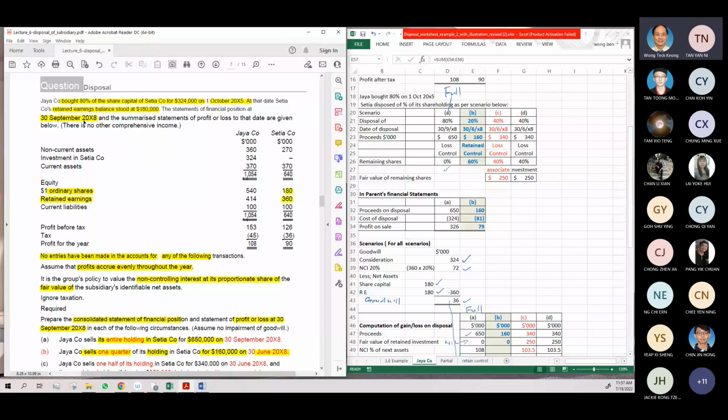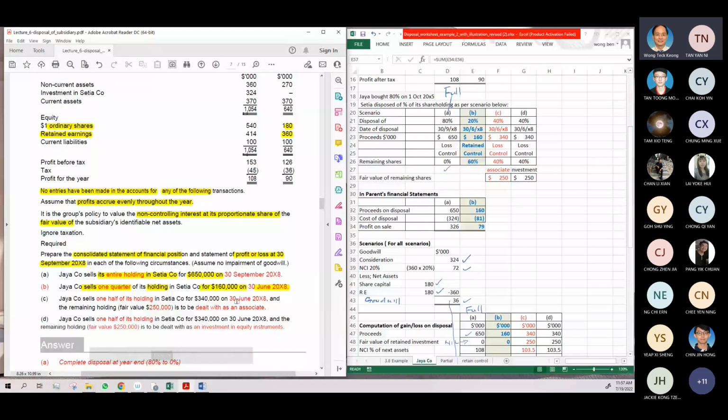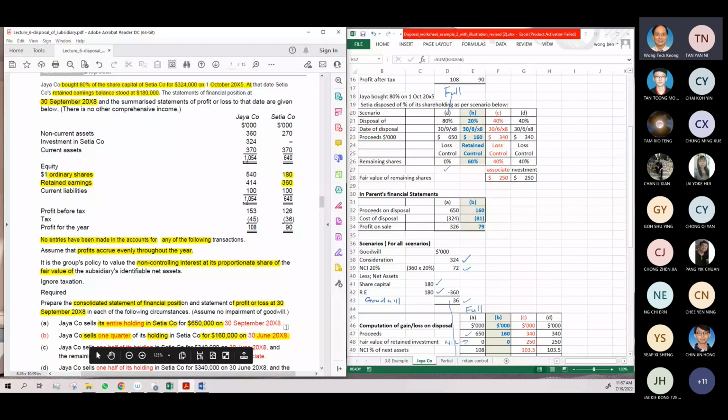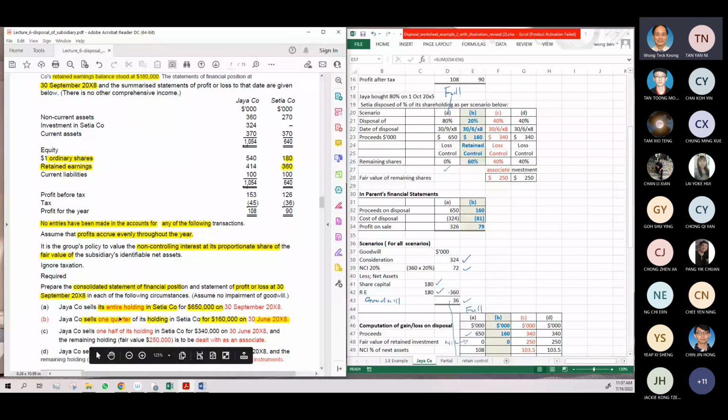In other words, for the first 9 months, you are the 80% subsidiary. For the balance of 3 months, July, August, September, you only have a 60% subsidiary. He's selling 1/4 of his holding. 1/4 of the 80% means 20%.